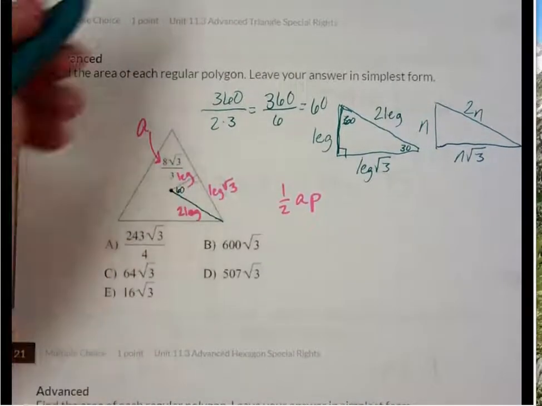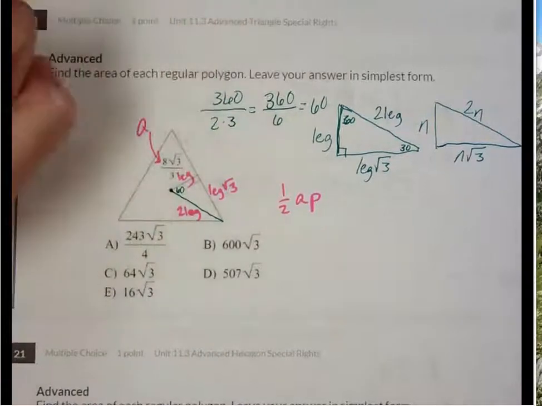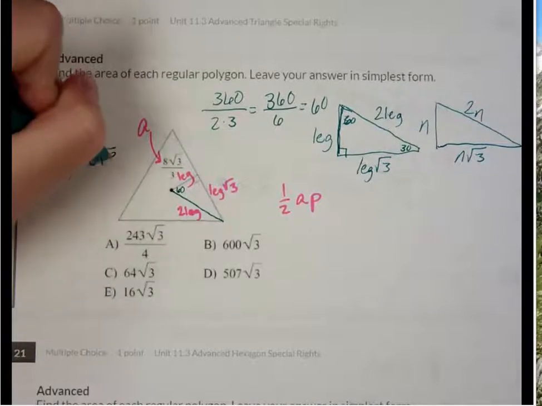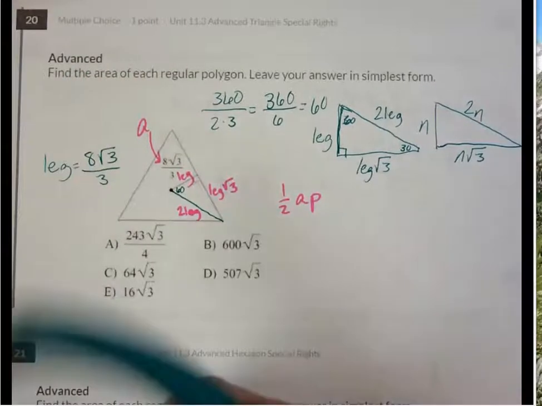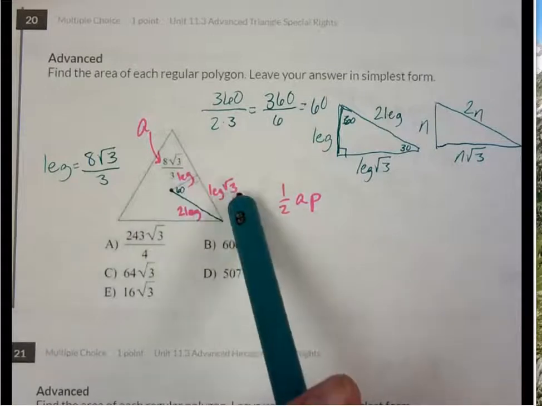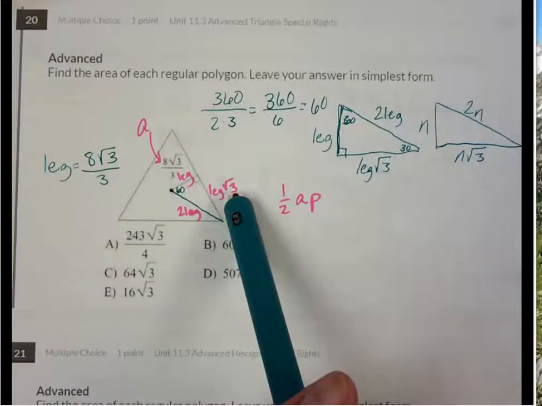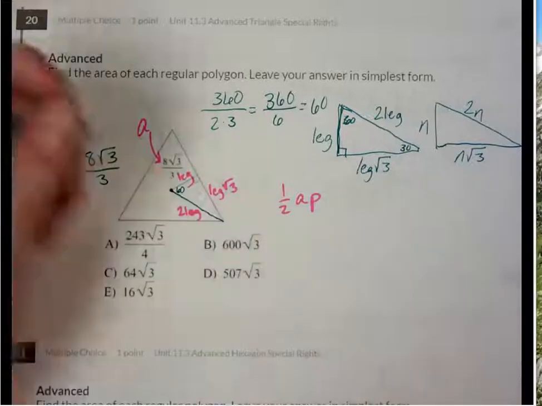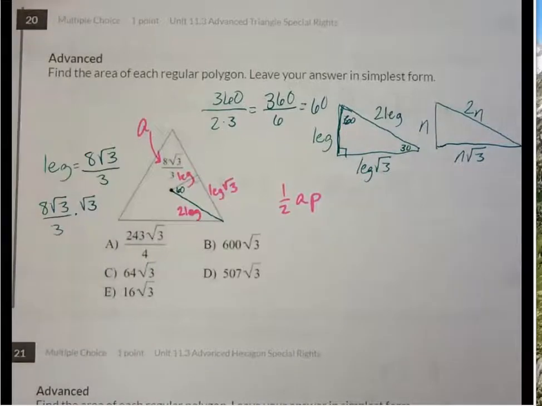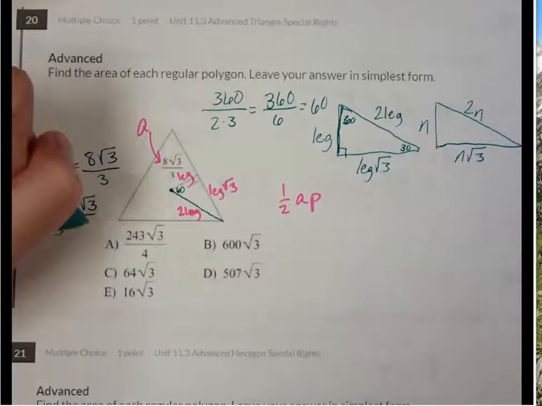So if my leg equals 8 root 3 over 3, we need to take this leg and multiply it by the square root of 3, because that would make it the length of that side. So I'm going to take 8 root 3 over 3, and I'm going to multiply it by the square root of 3. It's square root of 3 over 1.